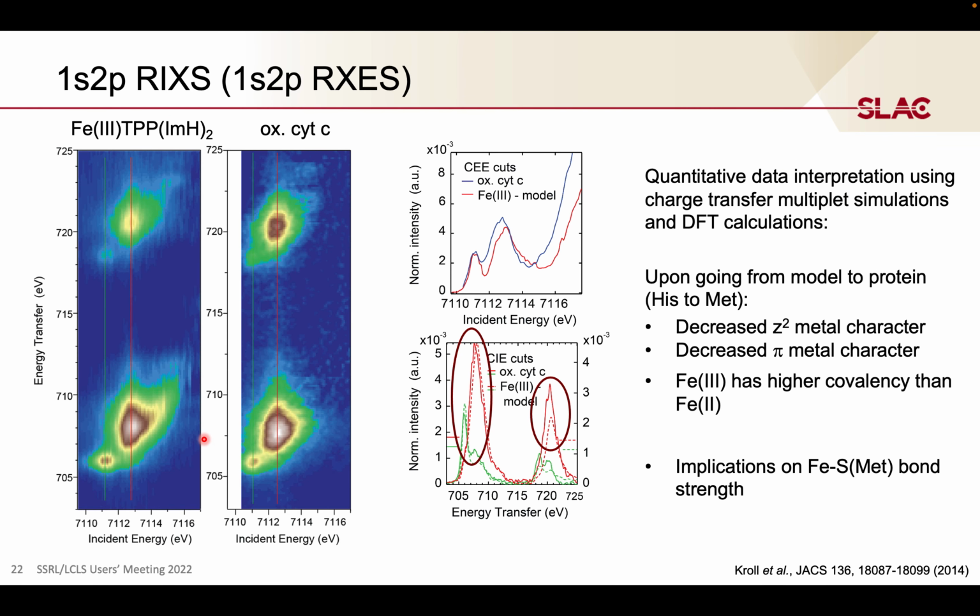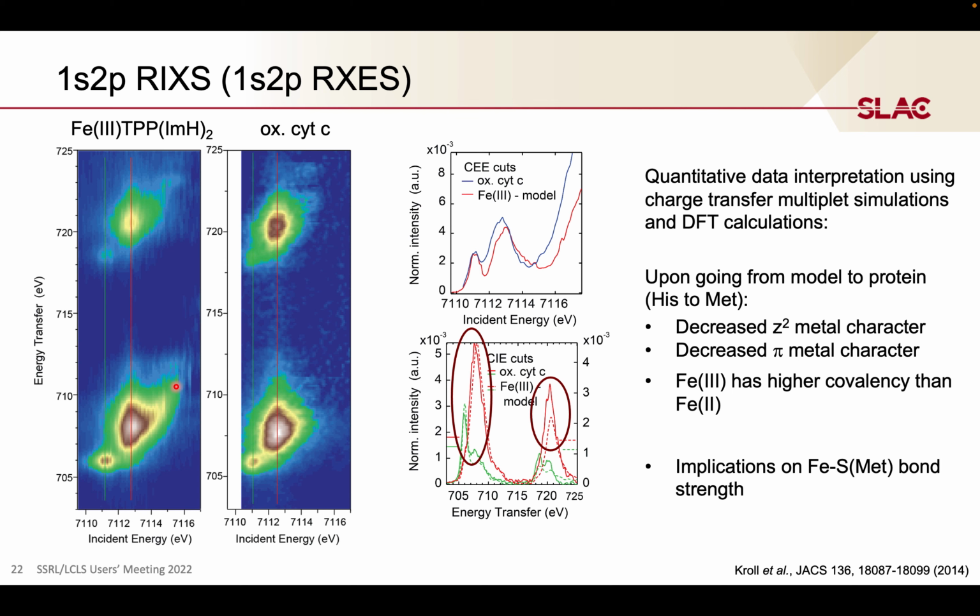And so when you measure these, you get two-dimensional planes, with incident energy on the x-axis and energy transfer on the y-axis, which is L-edge-like. You get two-dimensional planes that have a lot more information than just a 1D plane. And you can basically do two things. You can integrate it, and you get a K-edge.